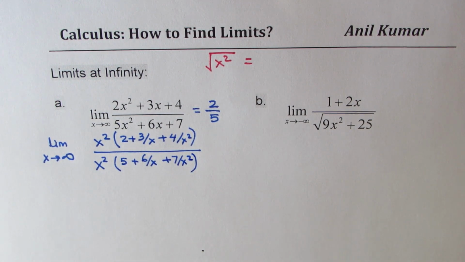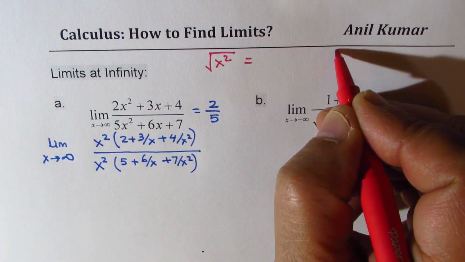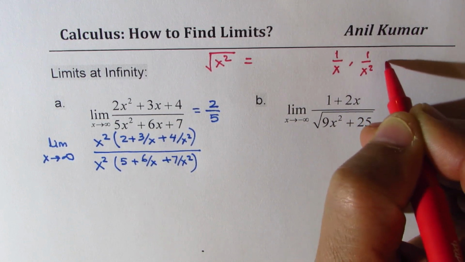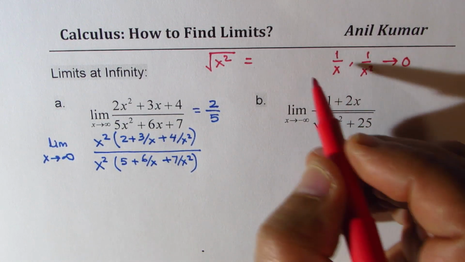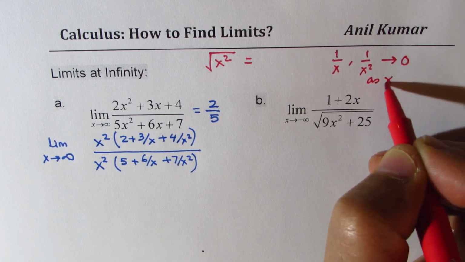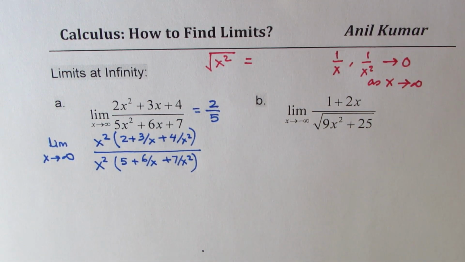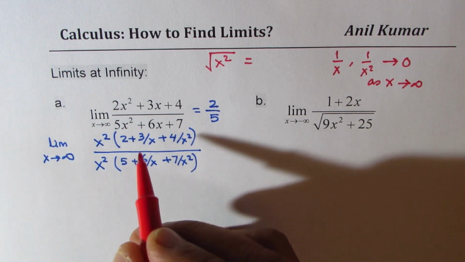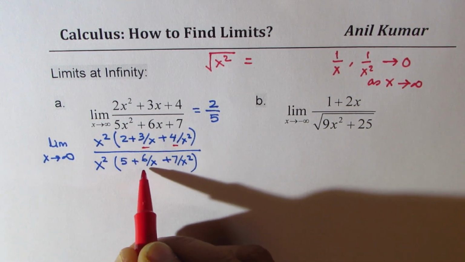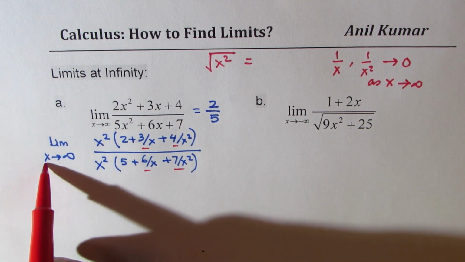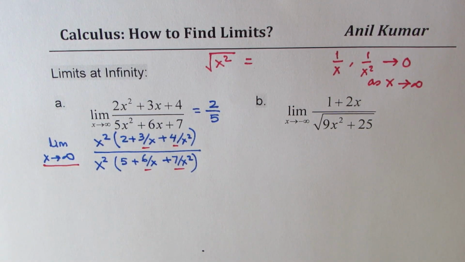Perfect. Now, it is important to note that 1 over x or 1 over x square approaches 0 as x approaches infinity, right? So that is very important to understand. And that really means that both these terms in the numerator and also in the denominator approach 0 when x is approaching infinity. Is that part clear?